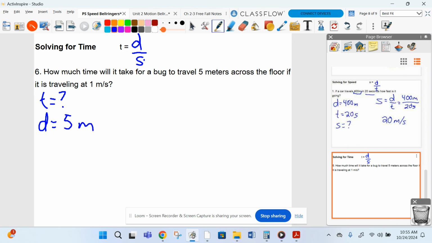It's traveling at 1 m/s. If you see m/s, kilometer/hour, something where it's slashed, a length divided by a time unit, that is our speed, 1 meter per second. When I'm solving for time, I want to have time by itself. So I just pick that version.